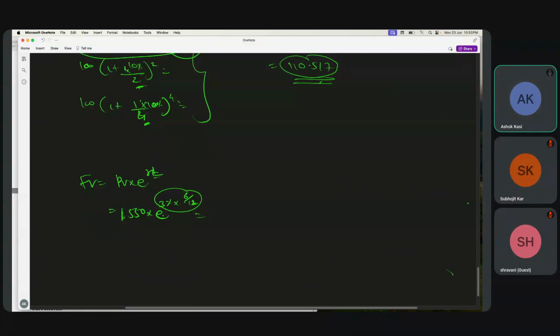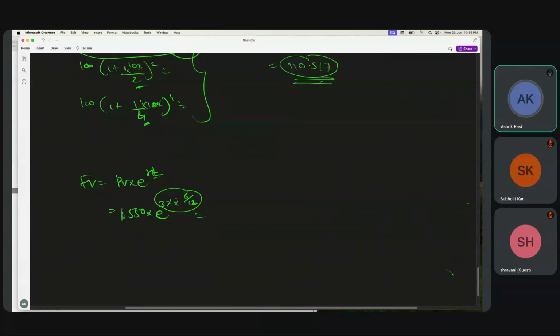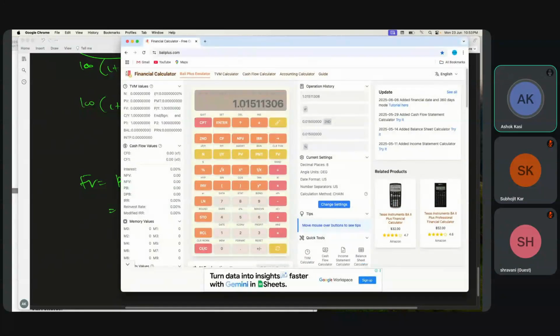Now e will be second, before that I'll keep it like this only. Second and then ln. Okay, into 1550. What it means is 1 will become 1.015. That's what it means.